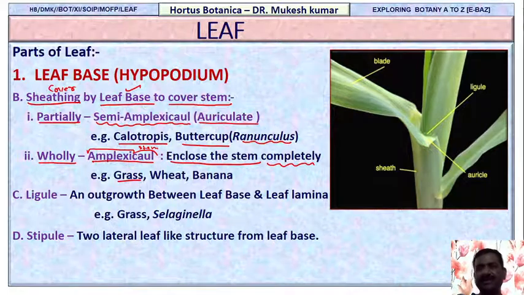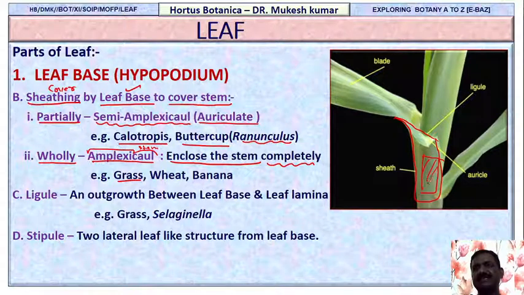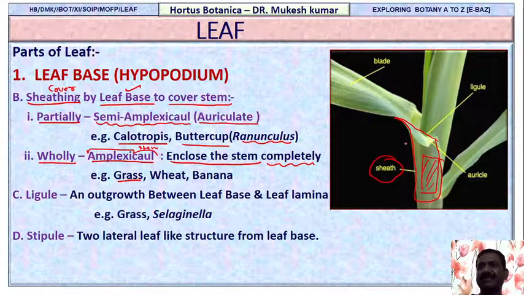See what you find here. This is your stem. And what you find here, these all are the leaf base, and this leaf base is completely covering them. See how they are covering. So this total leaf base is there. These are the leaf base, and see this is the sheath. So the sheath is covered by the leaf base, and that's why here we find the whole or complete covering of the stem, enclosing the stem completely.